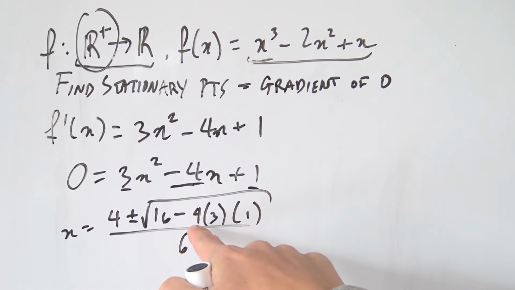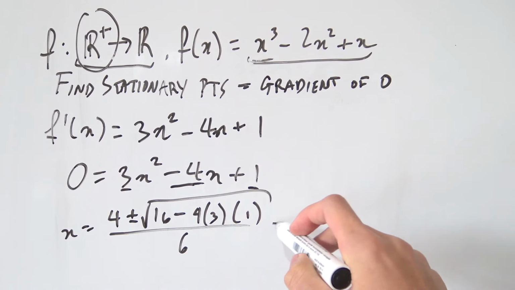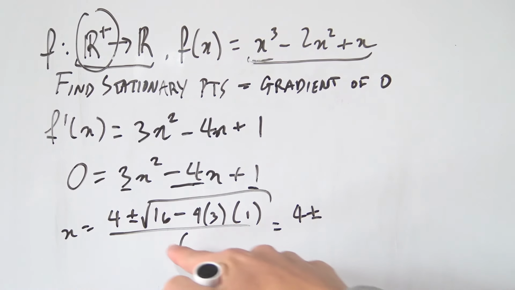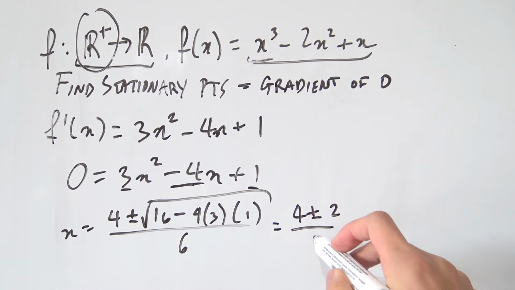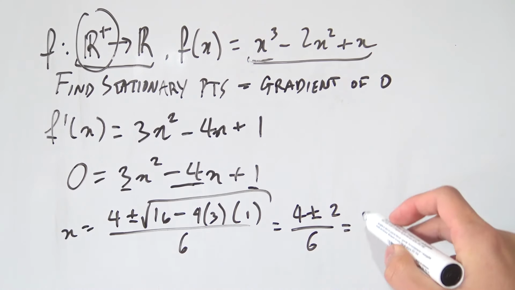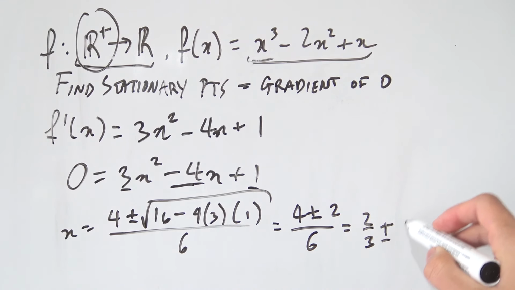Alright, nice and fine. 4 times 3 is 12, times 1 is also 12, so we have 16 minus 12 in here, but 16 minus 12 is 4, so we have 4 plus or minus the square root of 4, but the square root of 4 is nothing but 2, and then we divide everything through by 6, and simplifying this a little bit, we get 2/3 plus or minus a third.